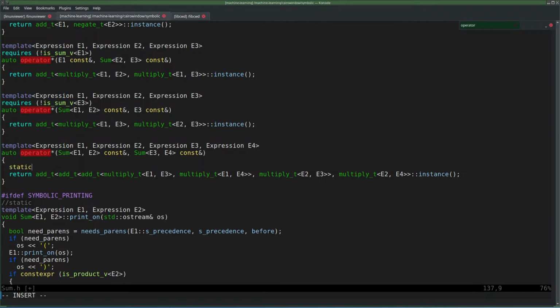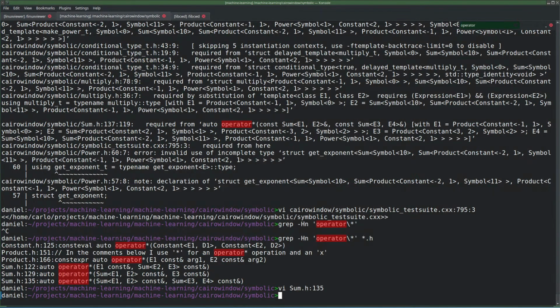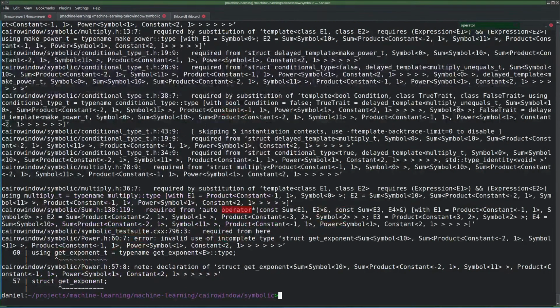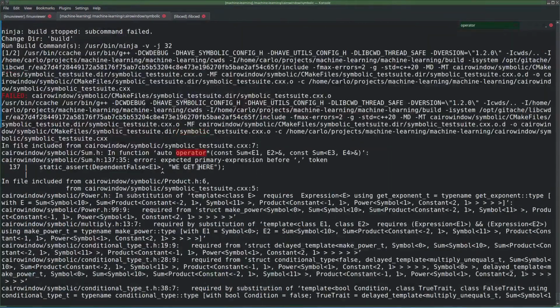Test if that is the case. Static assert, dependent false, some argument. Let me get here. And indeed, we get here.